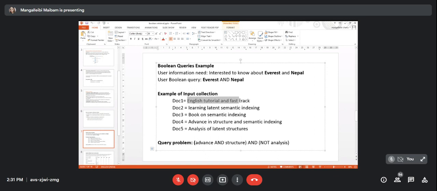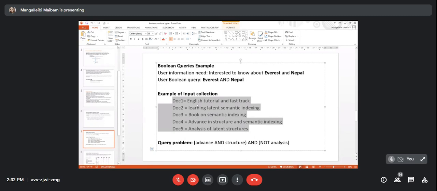These are some information in document D1, these in D2, these in D3, these in D4, and these are some information in document D5.